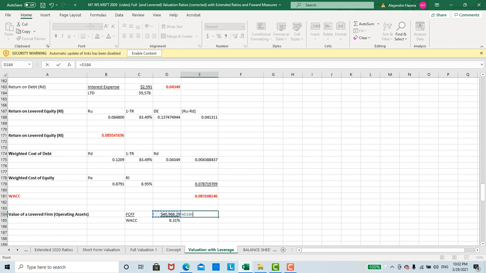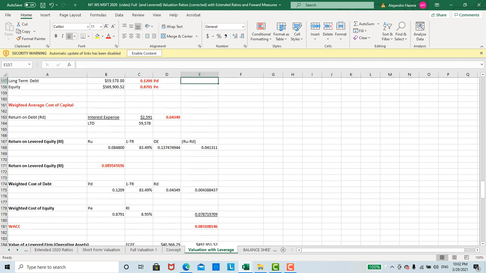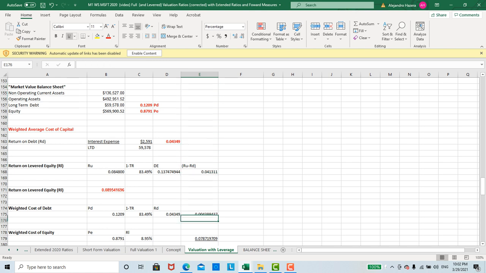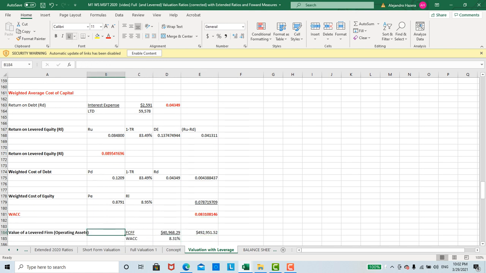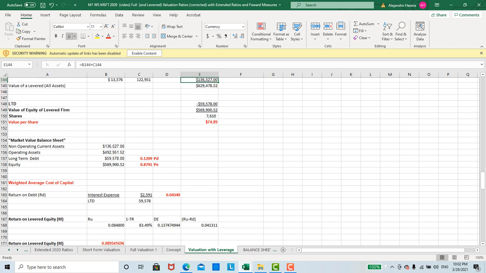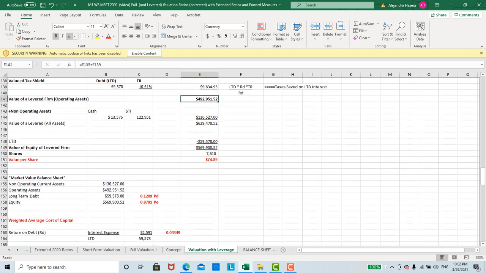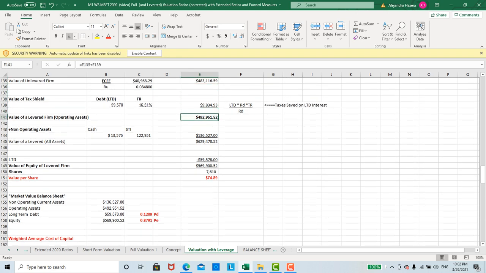If we did this right, we get 492,591.52, and that's the value of the operating assets of a levered firm, theoretically speaking, and it should be equal to, there it is, 492,591.52. So you get the same base valuation.